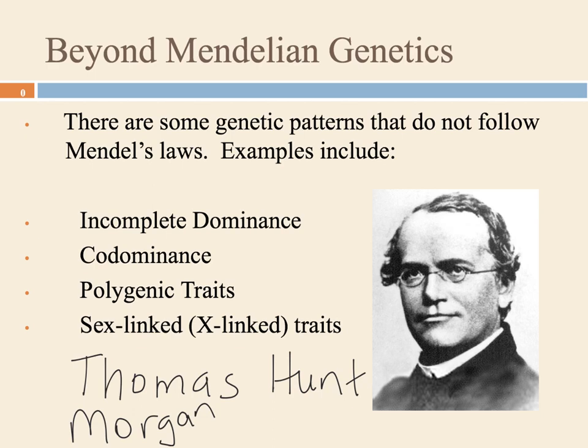And we're going to talk about each of those in a moment. So remember, you need to know Thomas Hunt Morgan studied fruit flies, and he confirmed pretty much most of what Mendel did. Again, he came up with these exceptions for traits, and his work, as well as other scientists, expanded upon modes of inheritance, or how traits are passed down from one generation to the next.